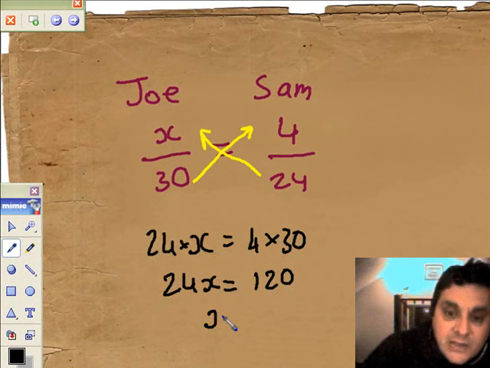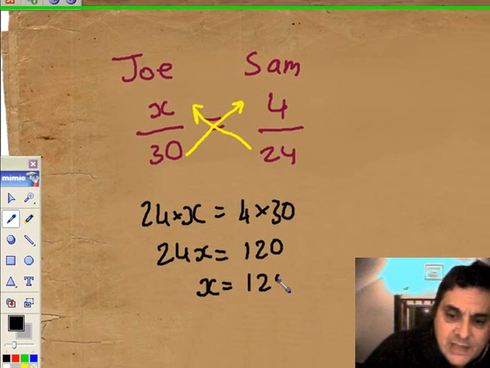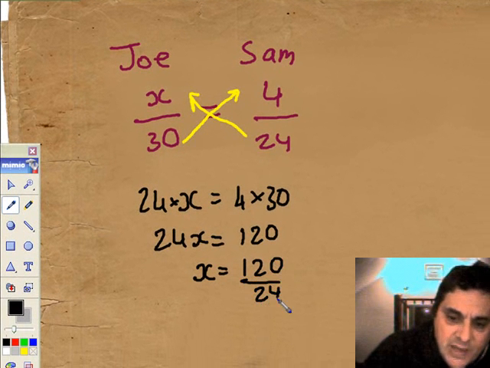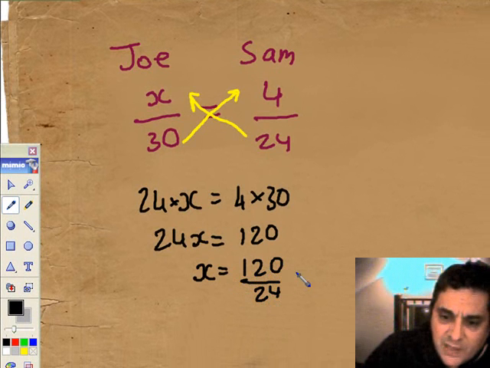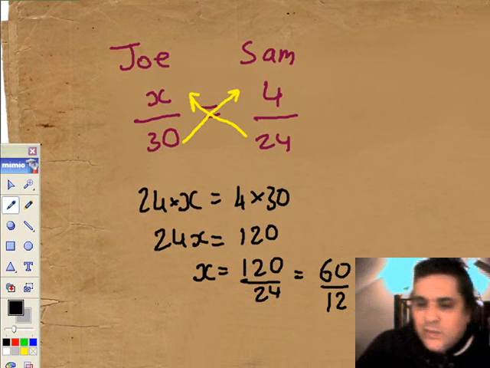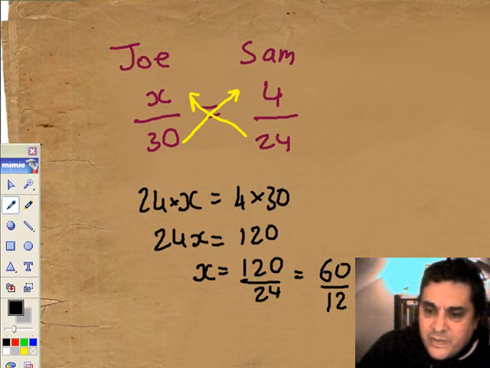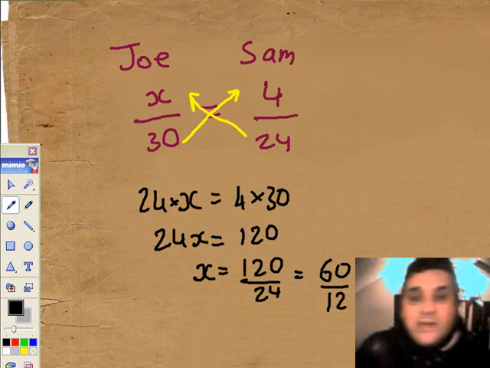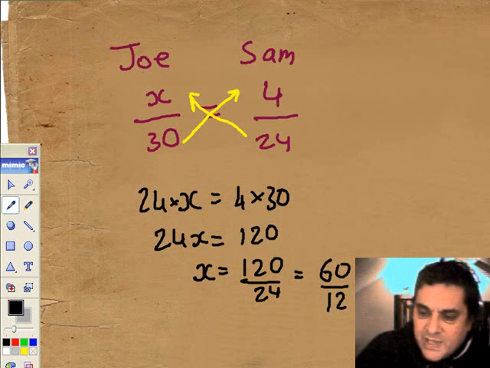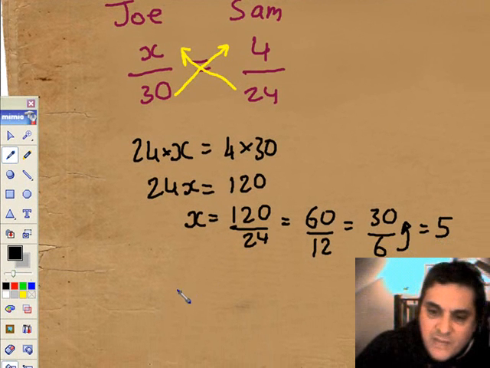I can then say Joe's X is 120 divided by 24. That looks quite frightening, doesn't it? Let's just reduce it down a little bit. That's like saying 60 out of 12. Still looks quite scary. I think I'm going to go with 30 out of 6. Now my brain can handle that without a calculator. 30 divided by 6 goes in exactly 5 times.